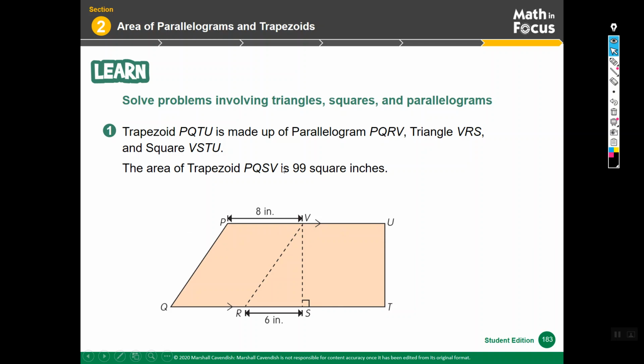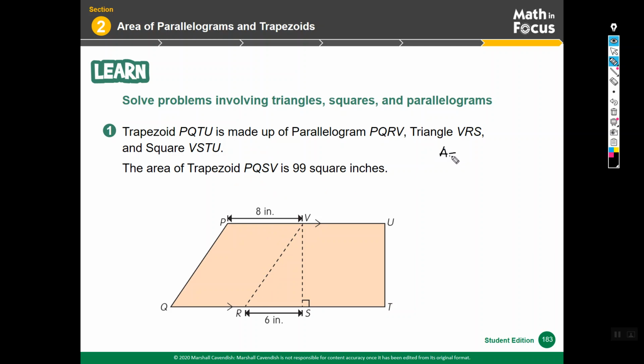And it tells us that the area of this smaller trapezoid right here, without this square at the end, has an area of 99 square inches. So we have enough information to solve this, so let's do that. Okay, so like I said, we are going to use this formula, right?